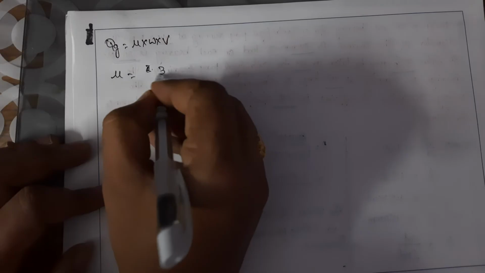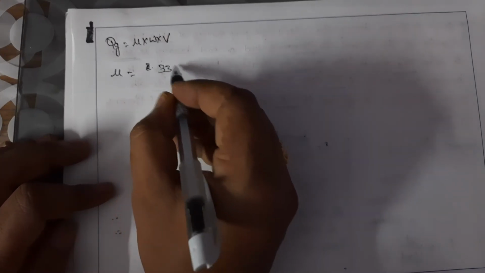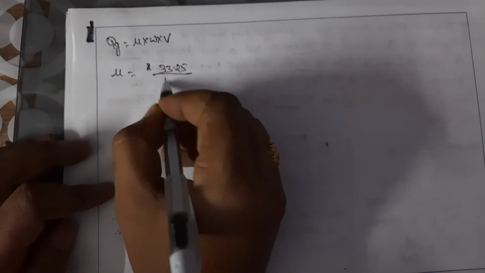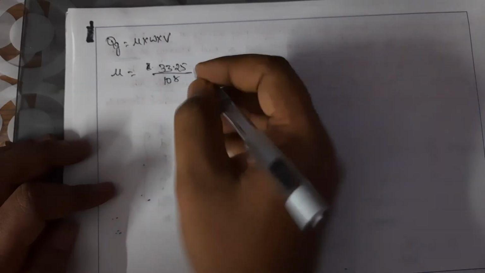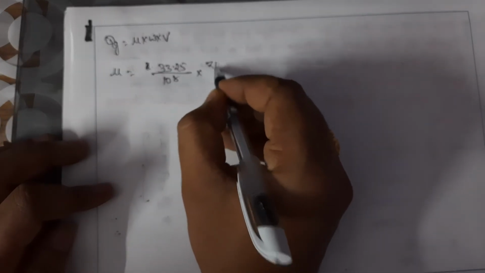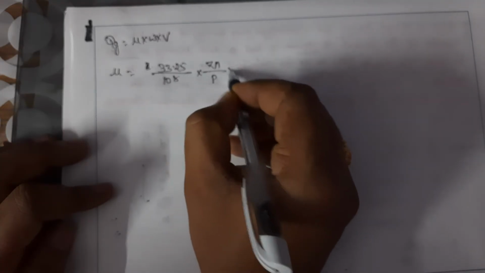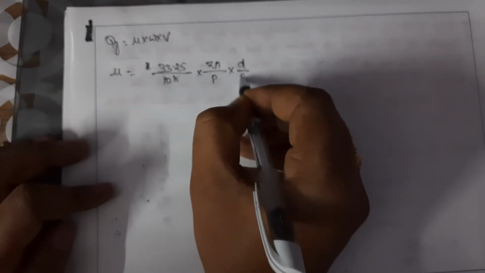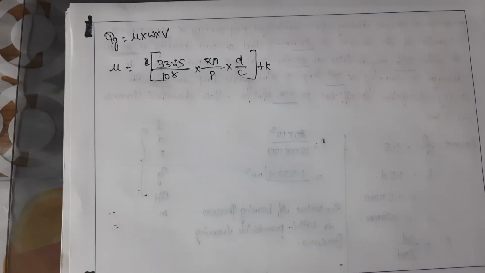mu is equal to 33.25 by 10 to the power of 8 into Zn by P into D by C plus K. This is the formula that we are having.